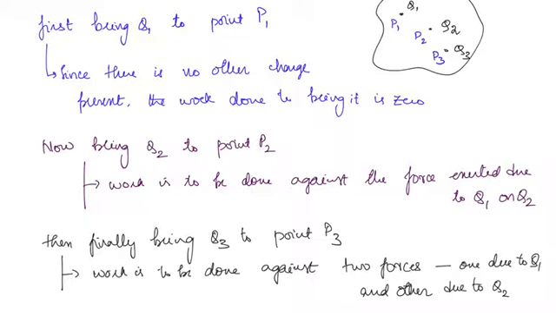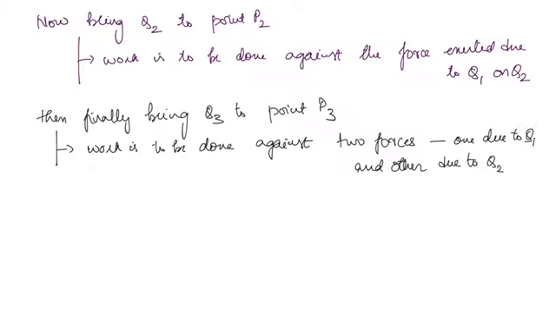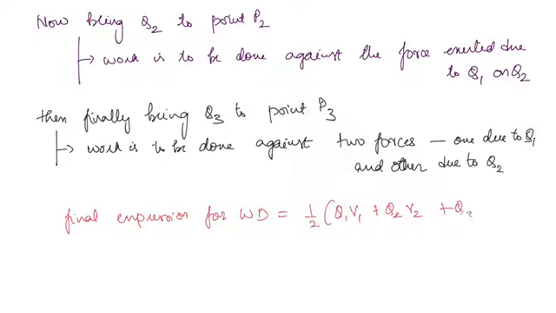We don't need to go into the mathematical derivations of this. We can write the final expression here. The work done will be 1/2 (Q1 V1 + Q2 V2 + Q3 V3). What are V1, V2, V3 here?